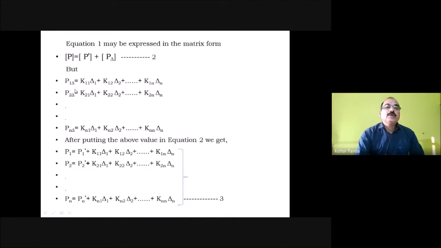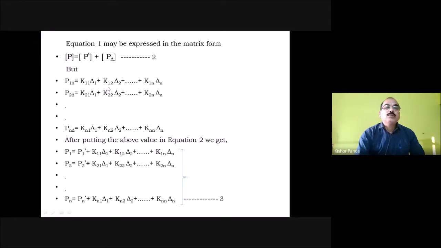So this you can find out by releasing one joint at the first coordinate. You have to find out what force is required due to the displacement at coordinate 1. So here K11 indicates the force at coordinate 1 due to displacement at coordinate 1.